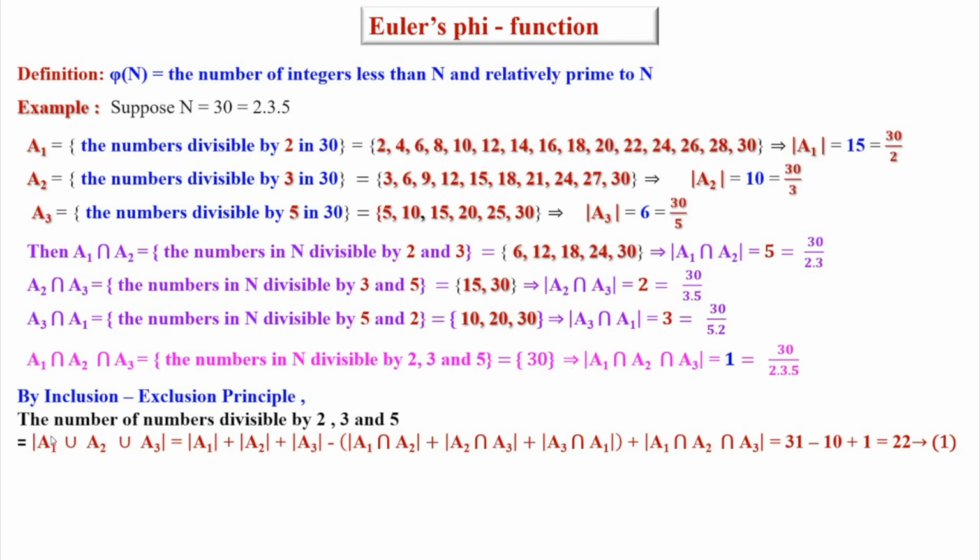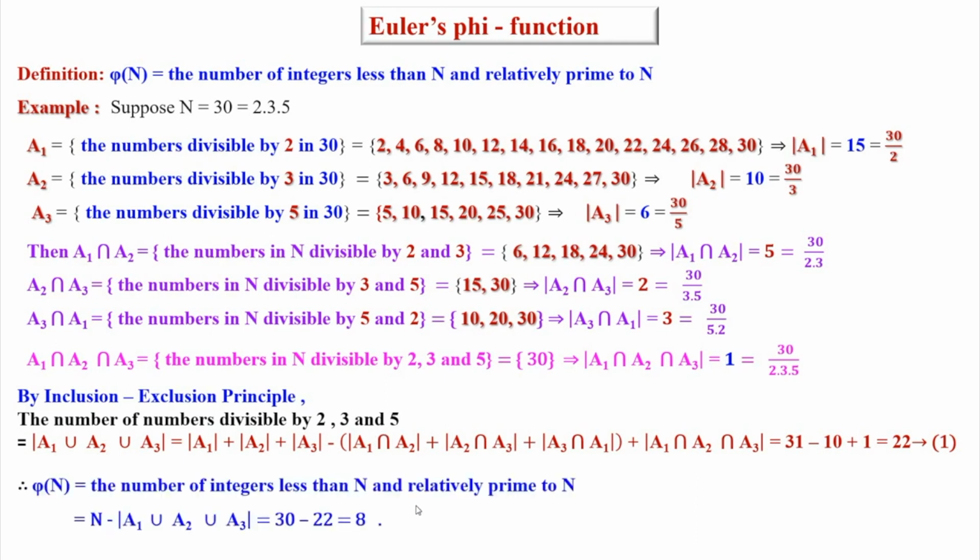But this gives the number of numbers which are divisible by 2, 3 or 5. We want to find those numbers which are relatively prime to n. In the total of 30 numbers, those divisible by 2, 3 or 5 are not relatively prime, and our aim is to find those which are relatively prime.